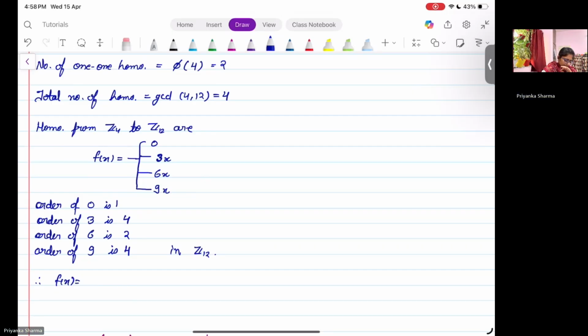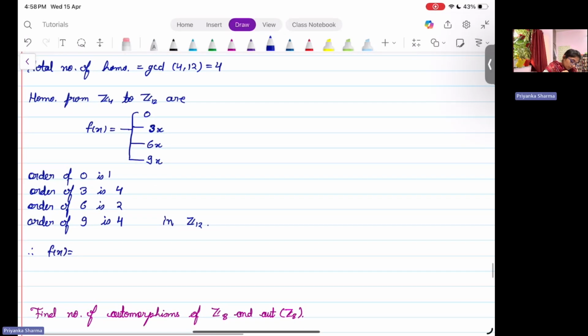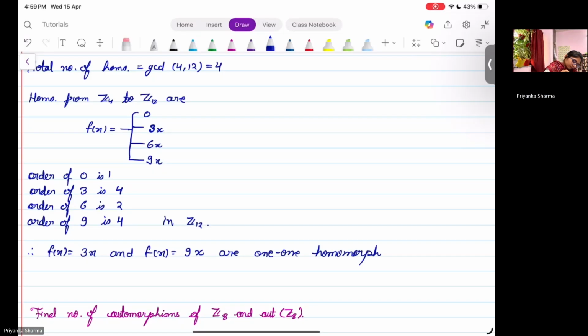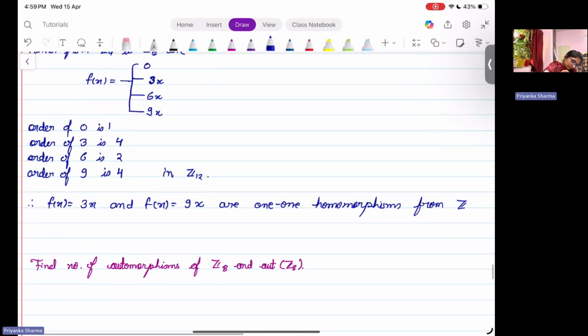So f of x is 3x and f of x is 9x. These are the 1-1 homomorphisms from Z4 to Z12. Okay.